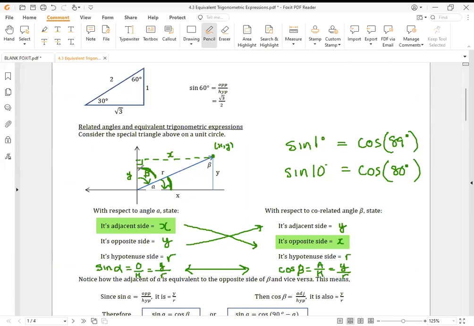But more than that, the angle is always with respect to the y-axis. So if this is 1 degree, the correlated angle is going to be 89. If this angle is 2 degrees, the correlated angle is going to be 88. But that is strictly for quadrant 1.